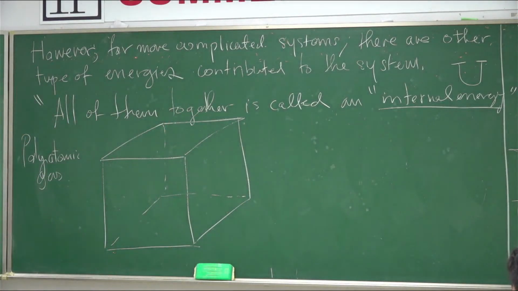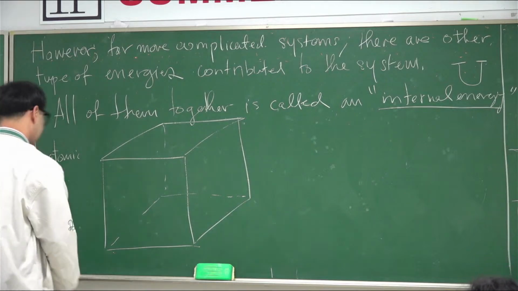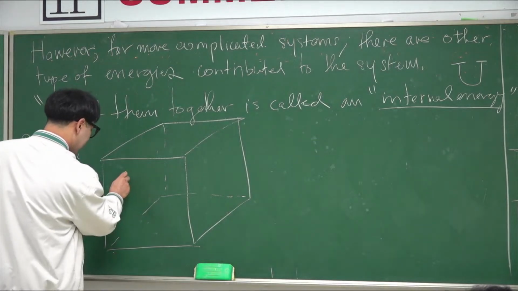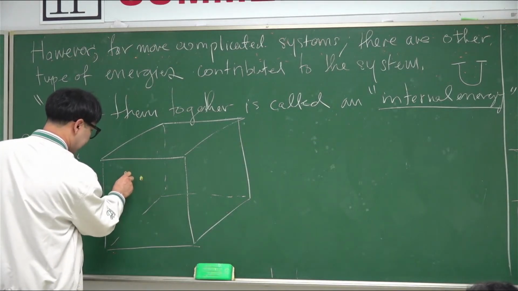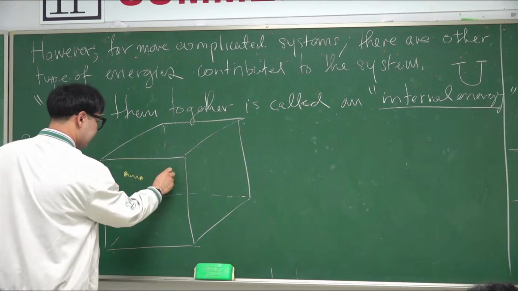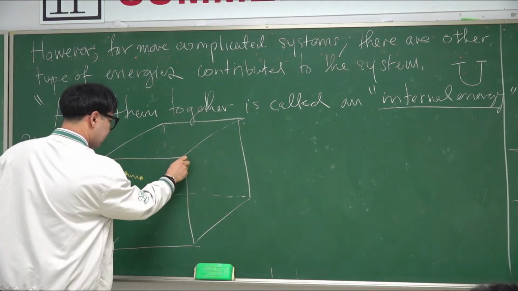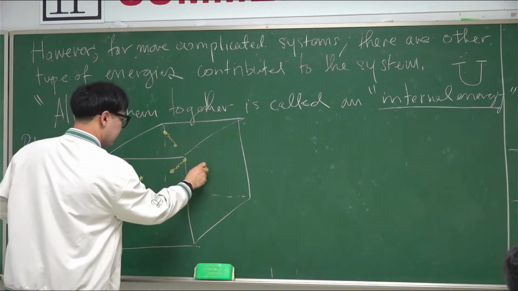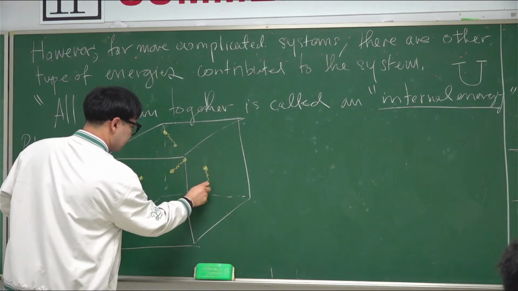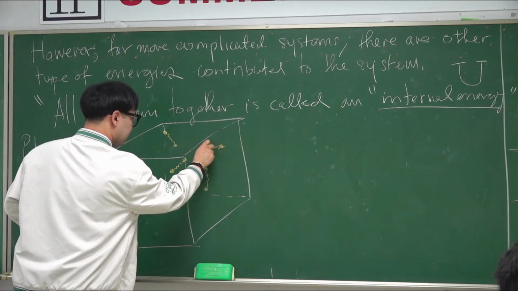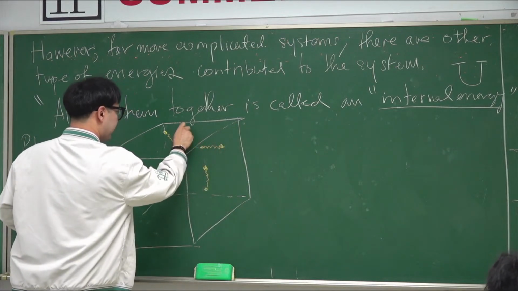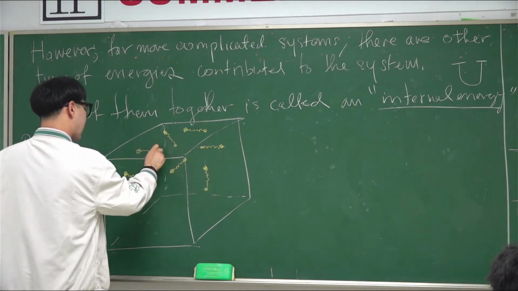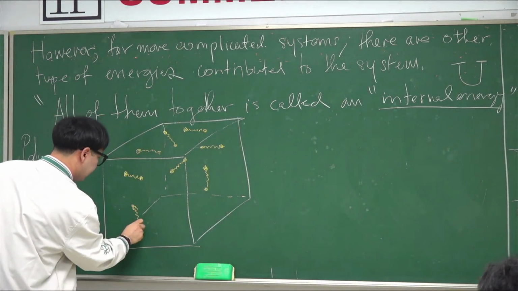What do I mean by this polyatomic gas? It means you have two atoms that couple together here. You have a bunch of them spreading around in this box.